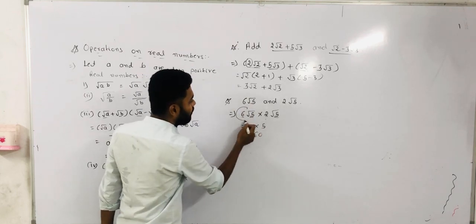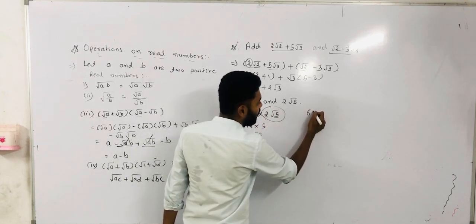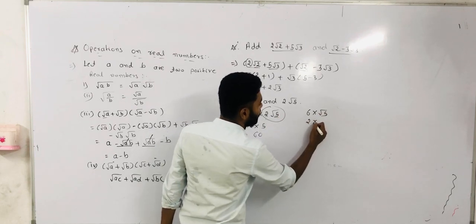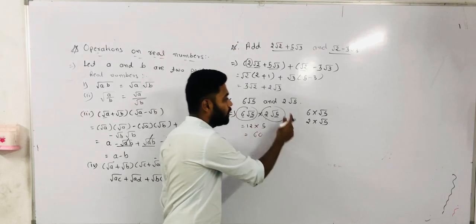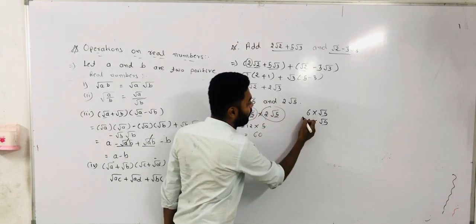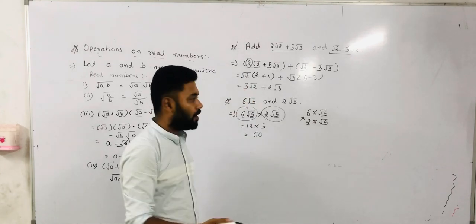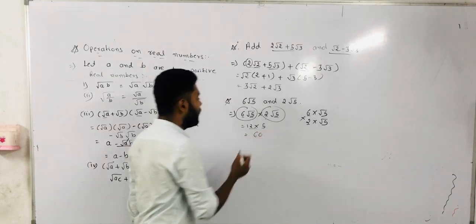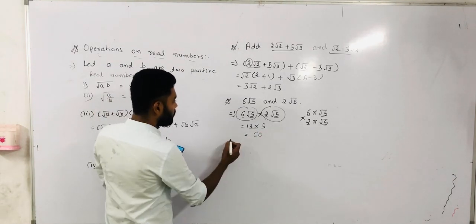See, here you are given 6 root 5, 2 root 5. So 6 root 5, that is also equal to 6 into root 5. Similarly, 2 root 5, that is also equal to 2 into root 5. Both are the same thing. So simply we want to multiply, then first of all multiply integer numbers, then multiply the irrational numbers. So we will get 12 into 5, 60.